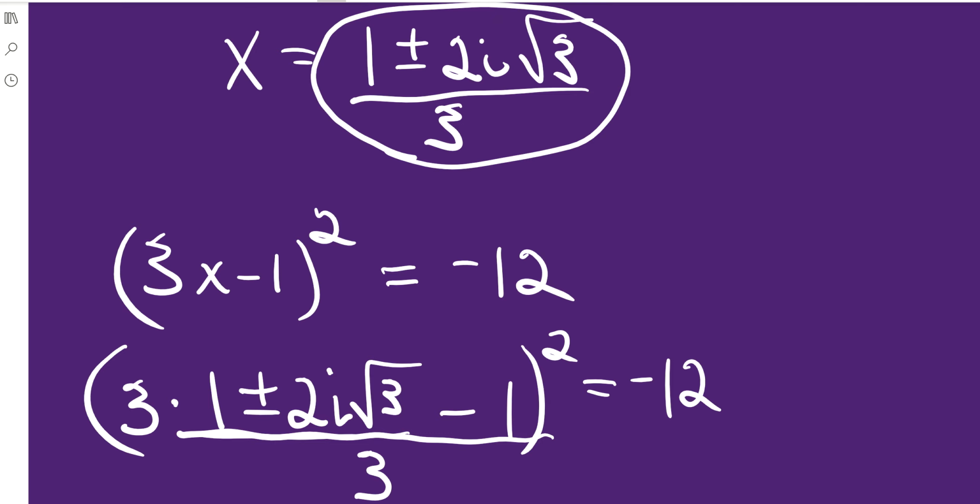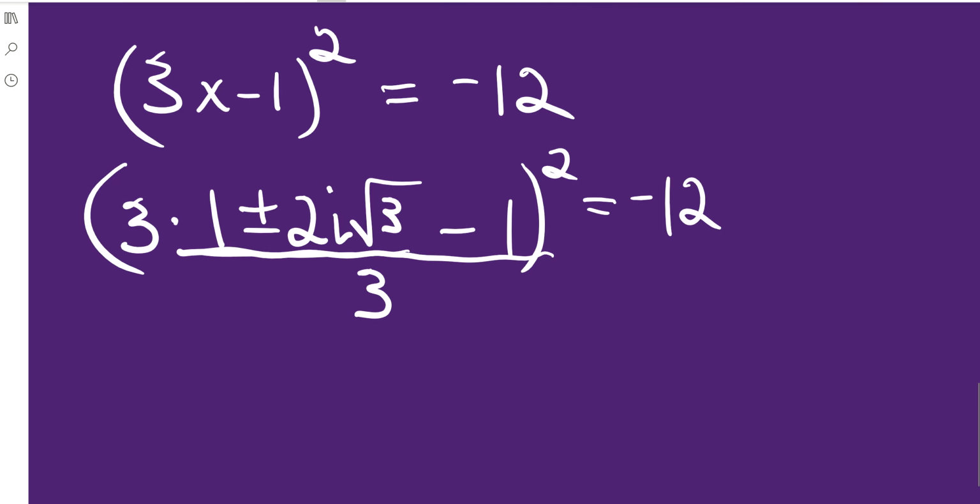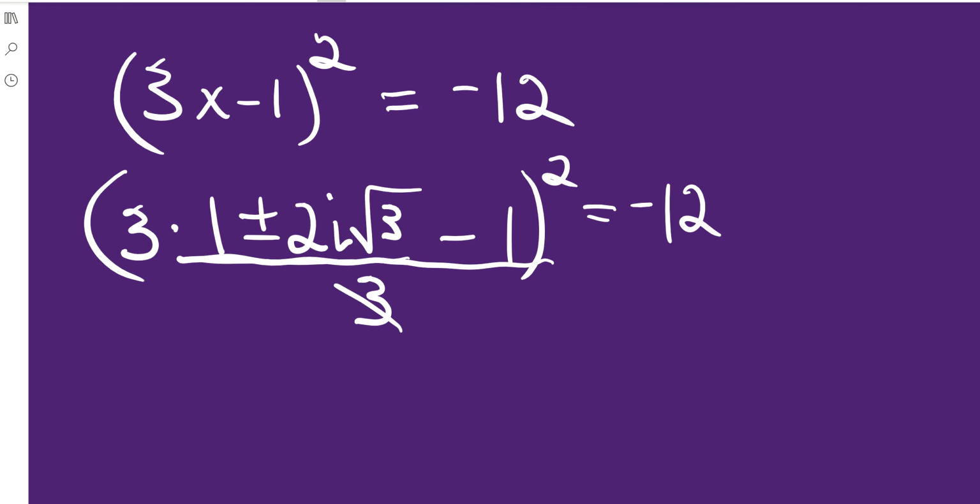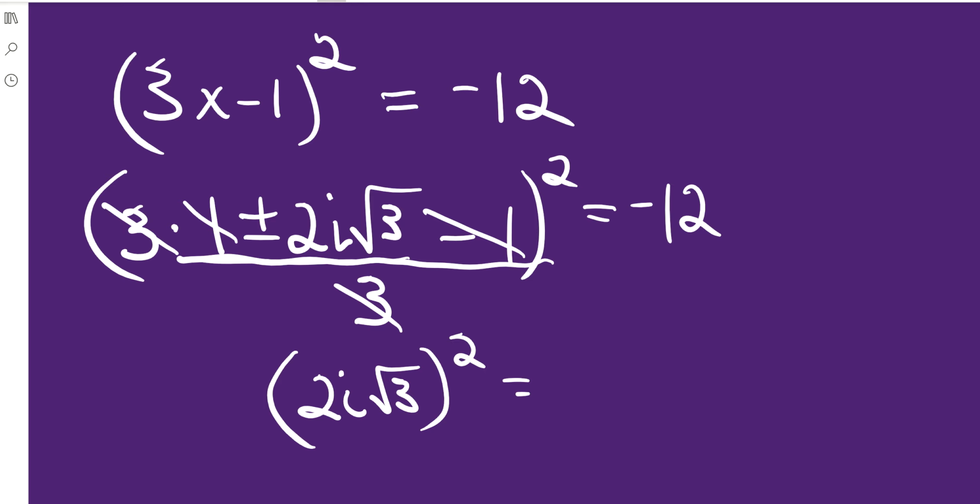Okay, that's fine. And so let's simplify that now a little bit. The 3's cancel out. And then also I've got 1 minus 1. So those are gone. So all I have left here is 2I root 3 squared. That equals negative 12.